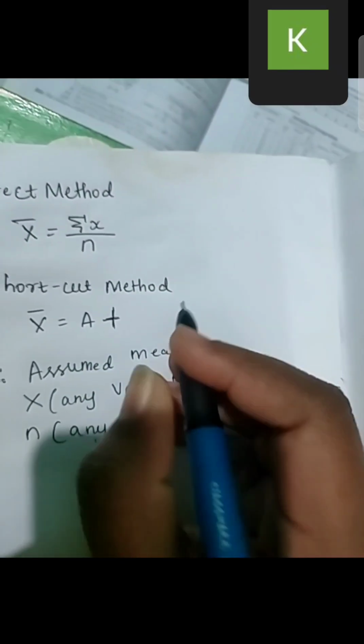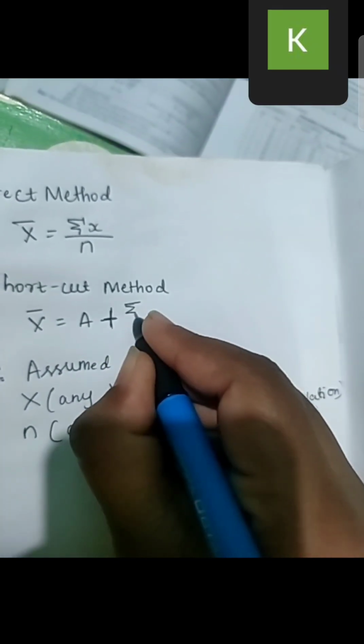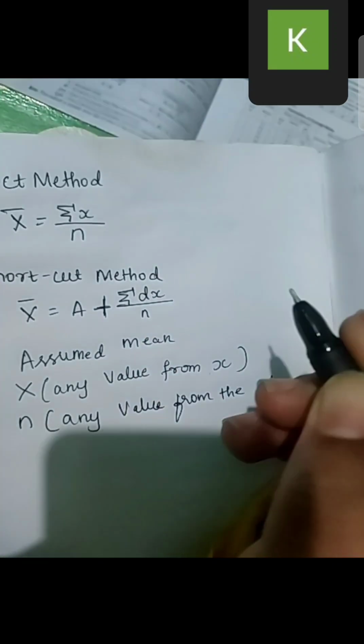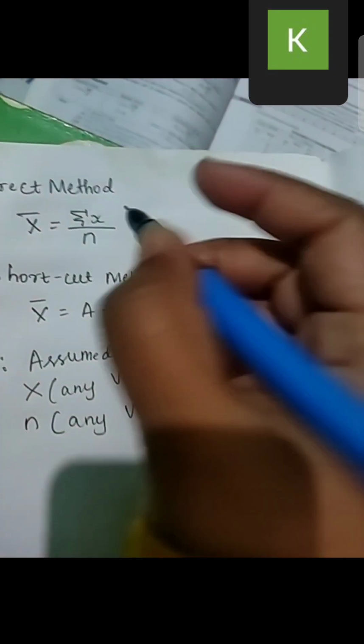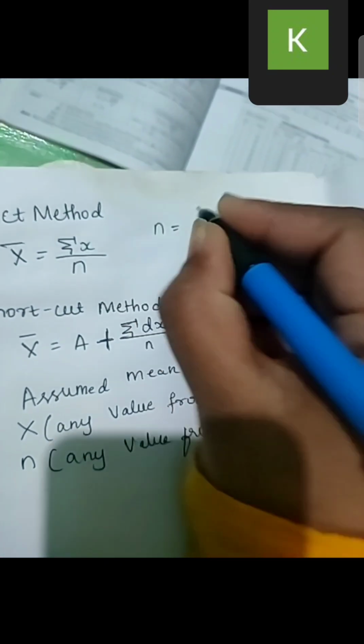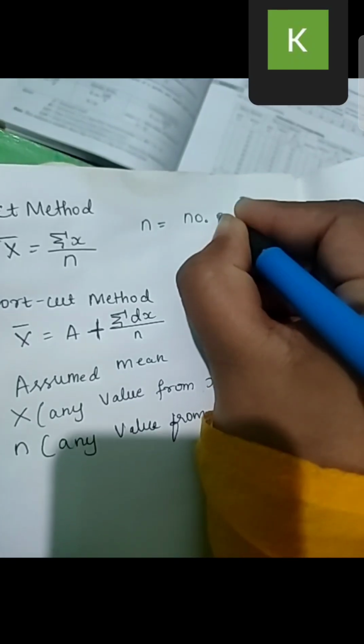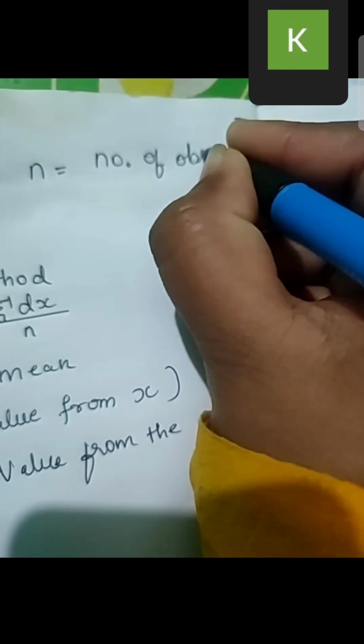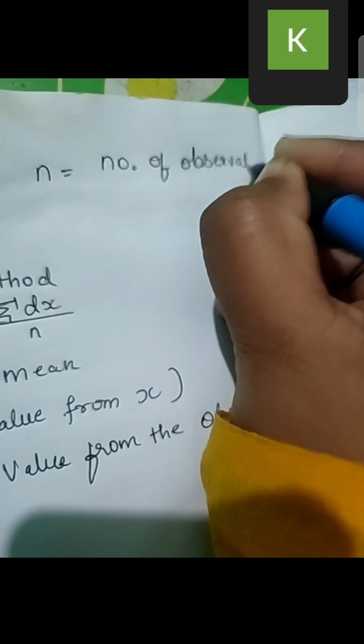Next, for this we have to add plus summation dx divided by n. Here n is equal to number of observations.